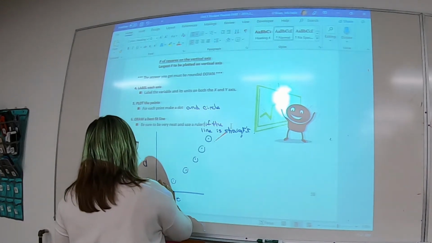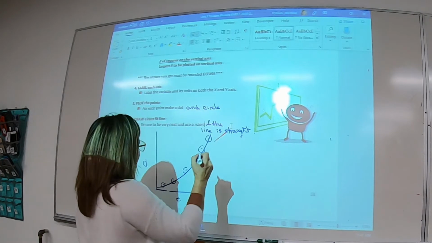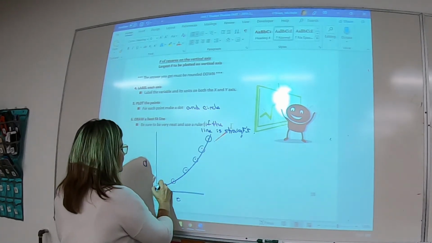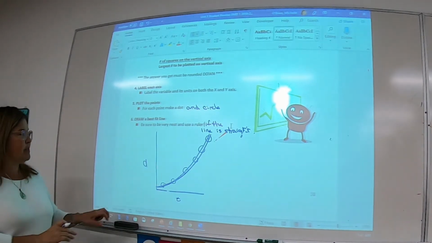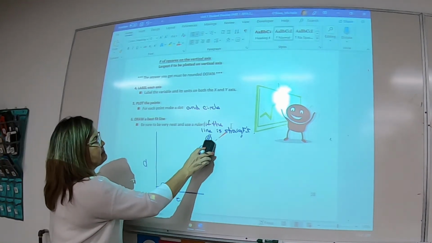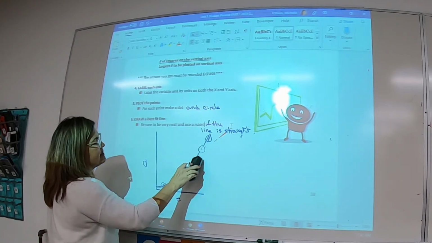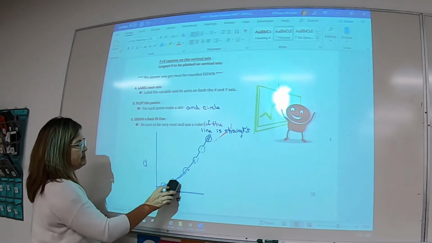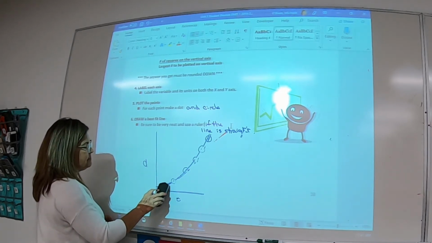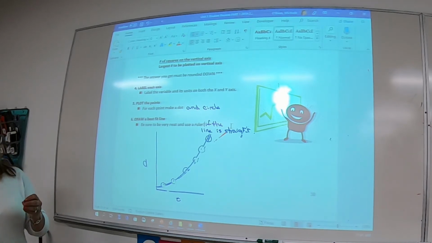So I would do something like, let's see what we could do here. Oh, a little bit off. So if I had a pencil, I would just erase that. The second one is better. Okay? And then I would go through and erase the little line inside my circle. Okay? Smooth curve. That's what you need.